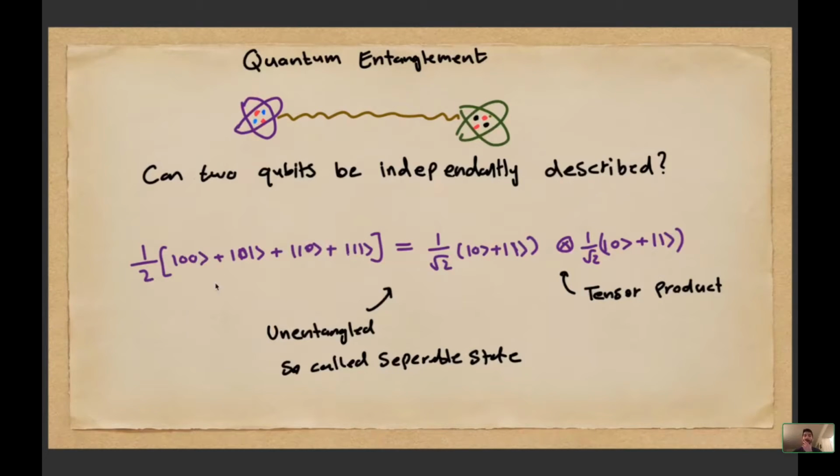Now, can we write this as 2 separate quantum states? Yes, we can, in this way. We think about the first qubit as an equal superposition of 0 and 1, and the second qubit also as an equal superposition of 0 and 1, and we combine these using an operation called the tensor product, a mathematical operation from linear algebra.